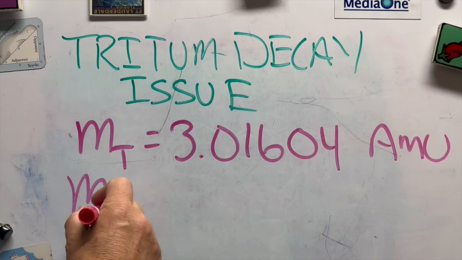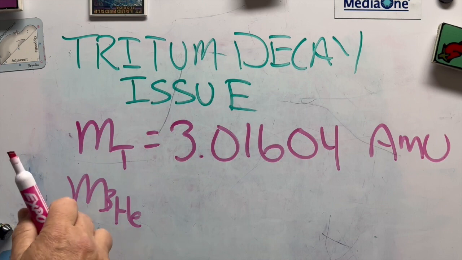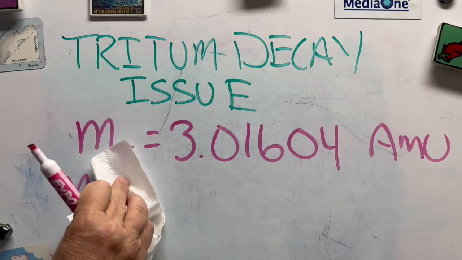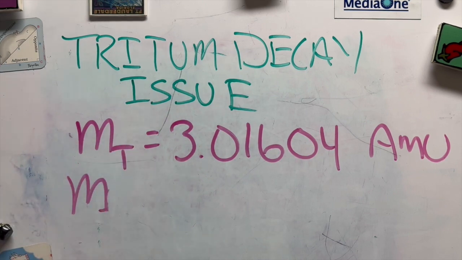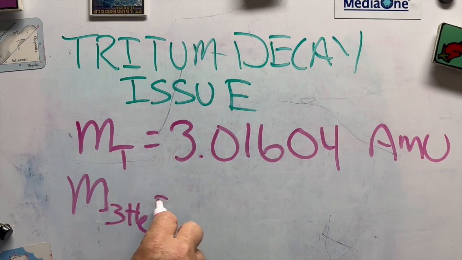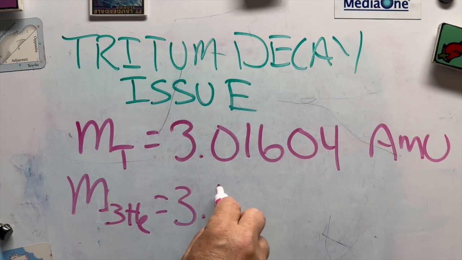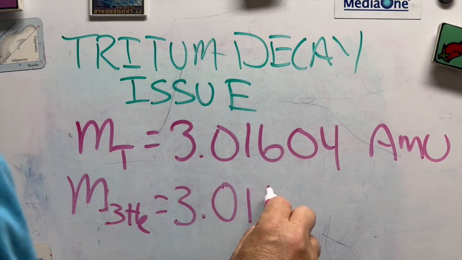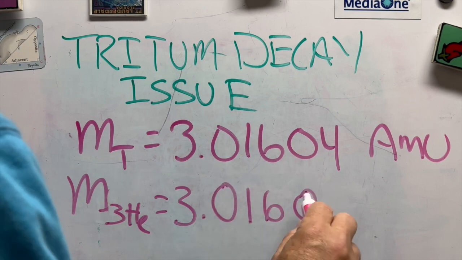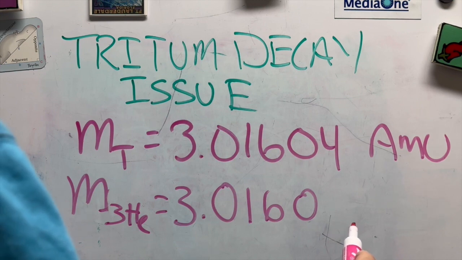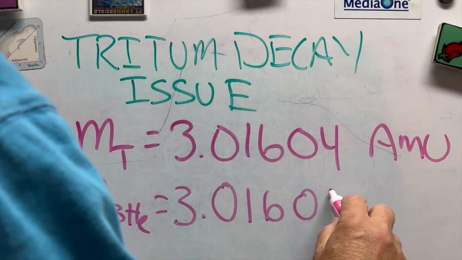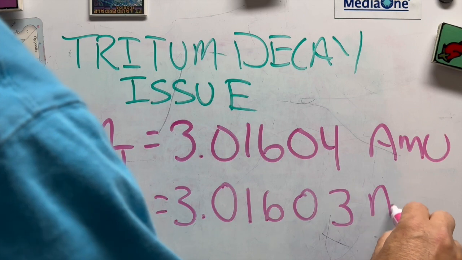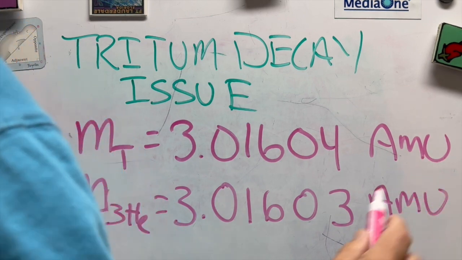Helium-3 is 3.01602, 29, so I'll make it a 3.